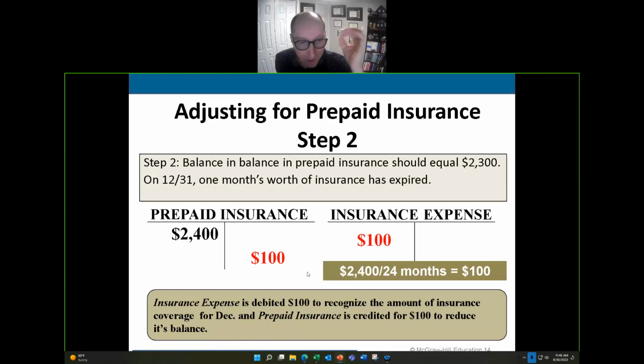So then it becomes $2,300 at the end of December. And this is what it looks like. And then every month, for 24 months, we make the same exact entry. Debit insurance expense, credit prepaid insurance. We do that until the balance of the prepaid insurance reaches zero, which will happen in November 2021.